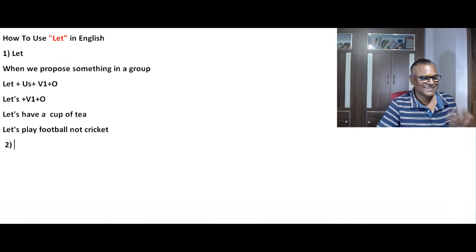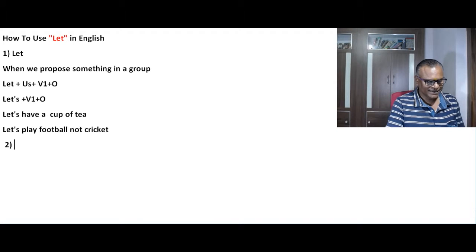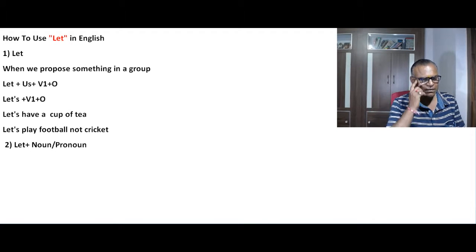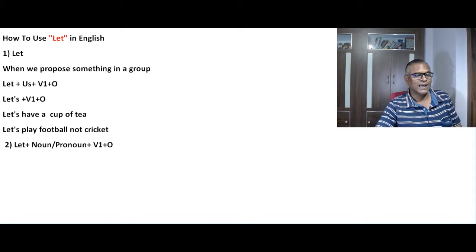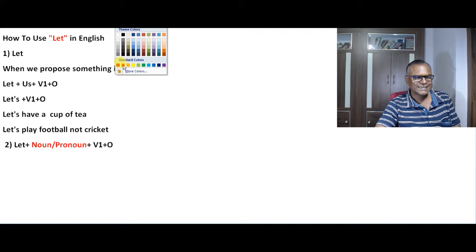Next use of let is, first I write the formula here, let, and then we use noun, pronoun, plus V1 plus object. But now you have to remember which noun or pronoun you can use here.